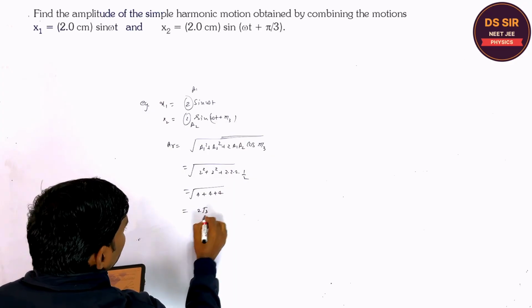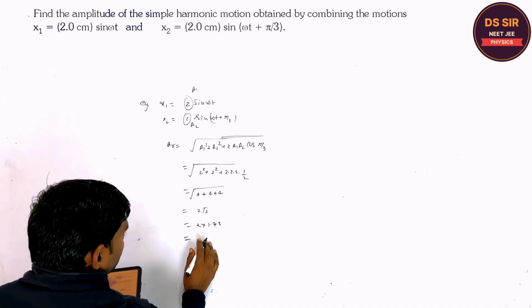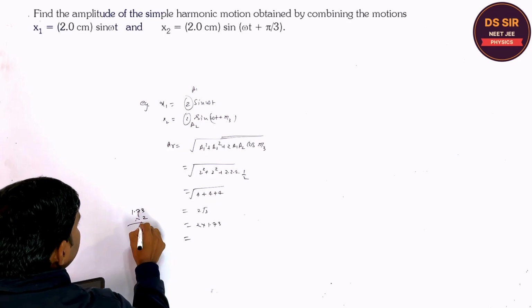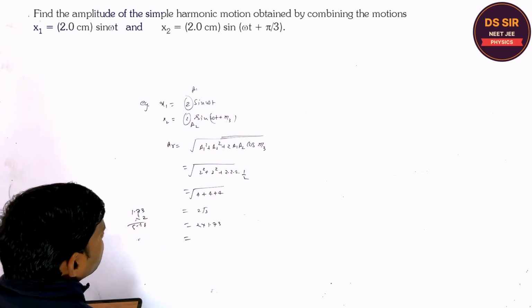So this is 2 root 3, which is 2 into 1.73.